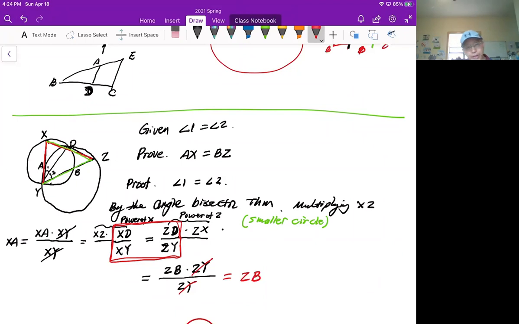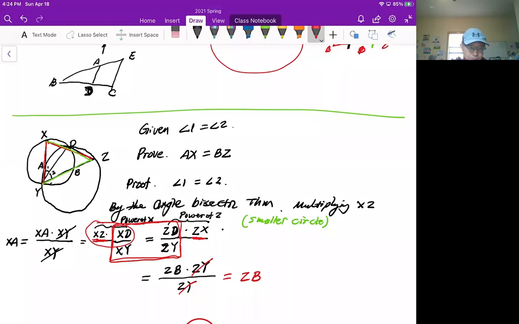And then from the numerator, I just multiply the same thing, XZ. So multiply this guy and multiply this guy on both sides, okay? And then you get the product here, and that is just the power of a point, right? It's the power of a point of X with respect to the circle on the right.